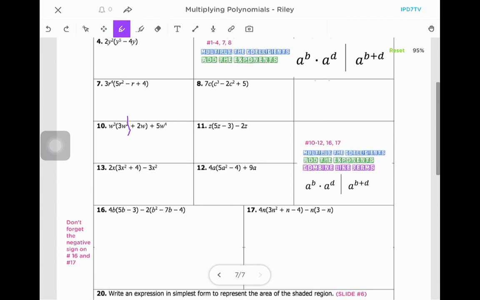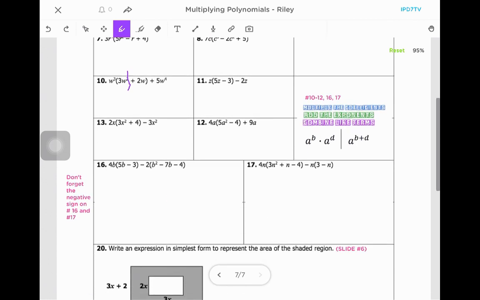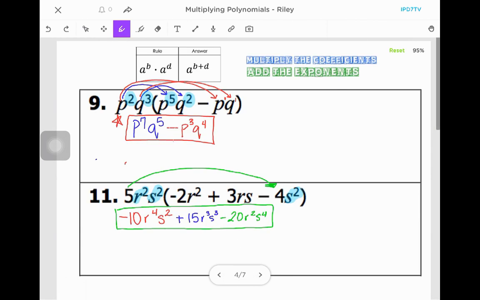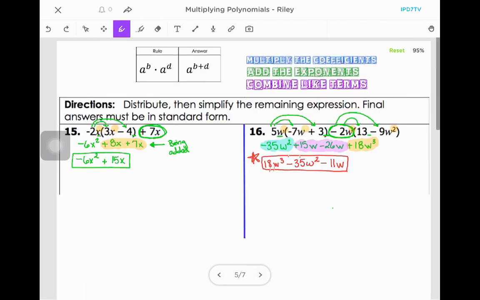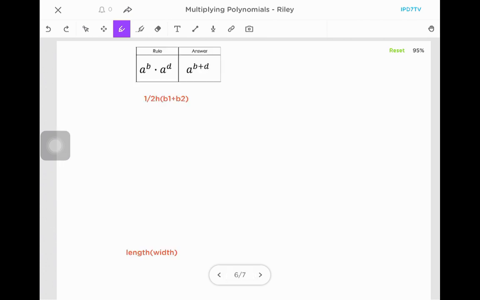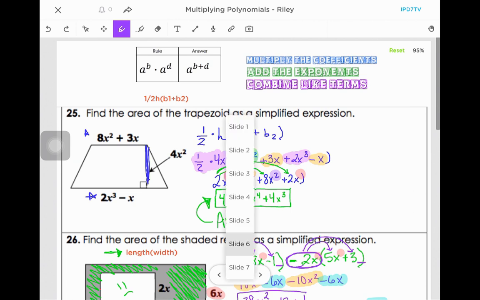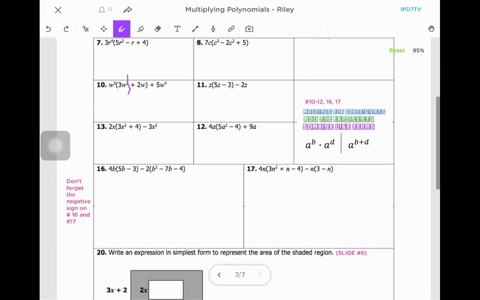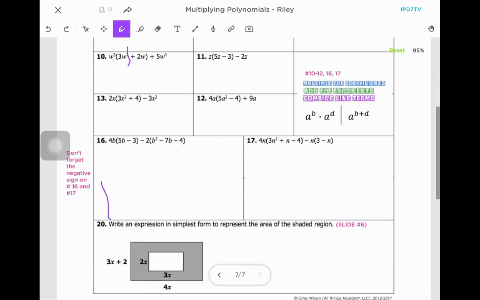10, 11, 12, and 16 and 17 are very similar to 4 and 5 on the slides. And then this one down here, another one of these shading problems, is very similar to slide 6, which we just did.